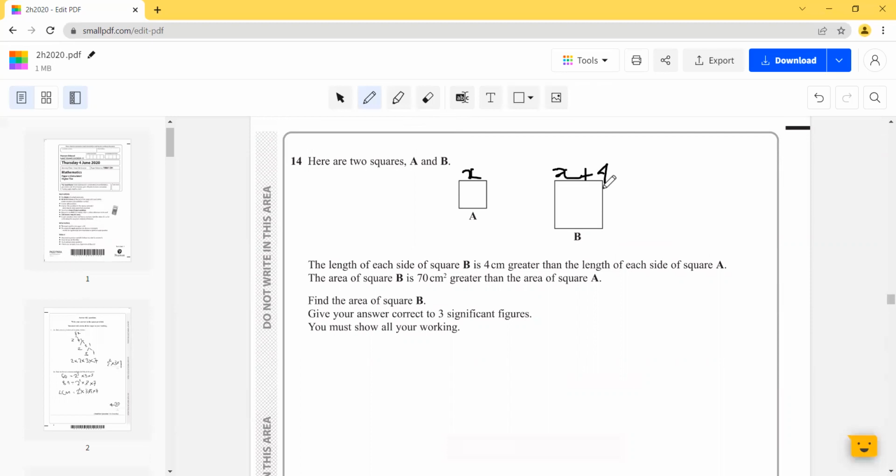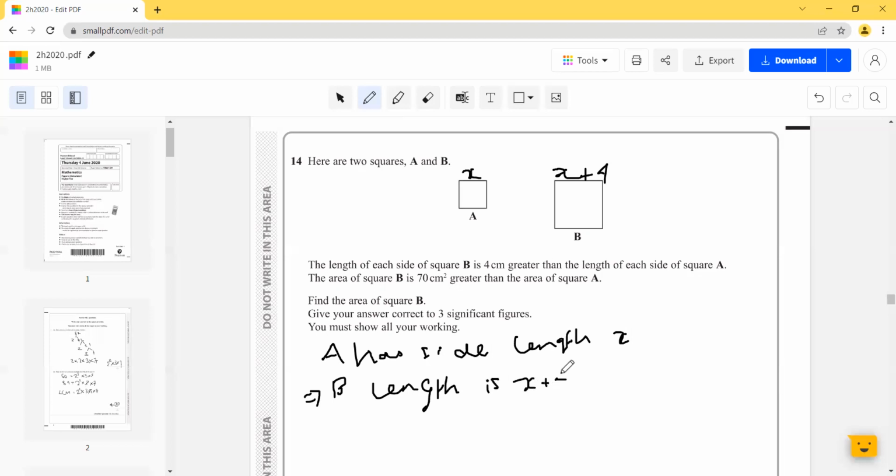Okay. So I'm going to say that A has side length x and B implies B length is x plus 4.